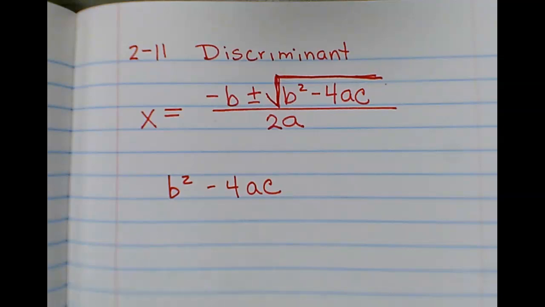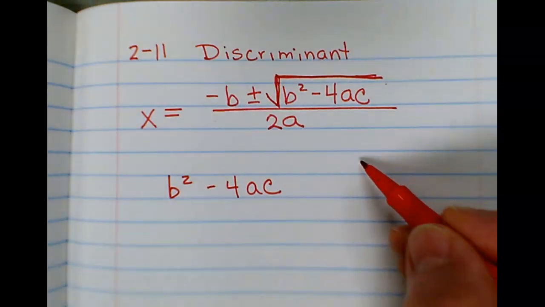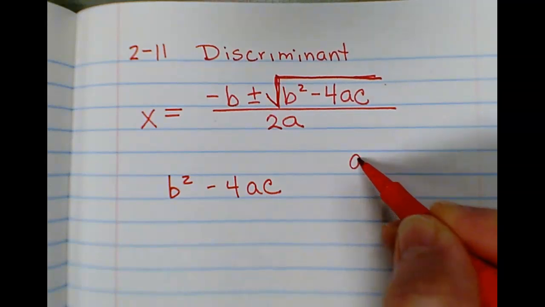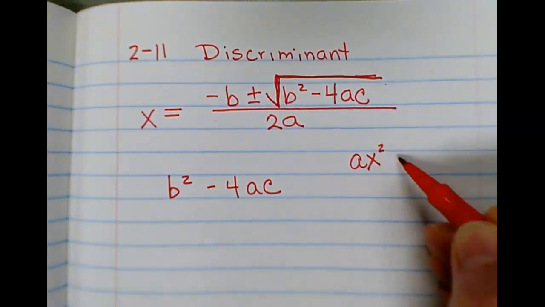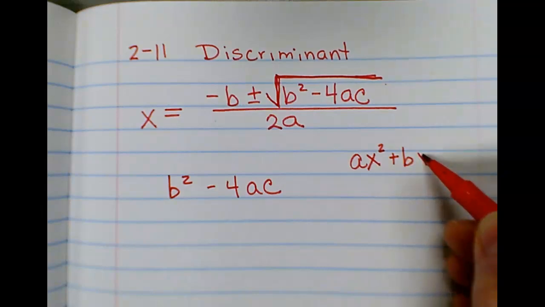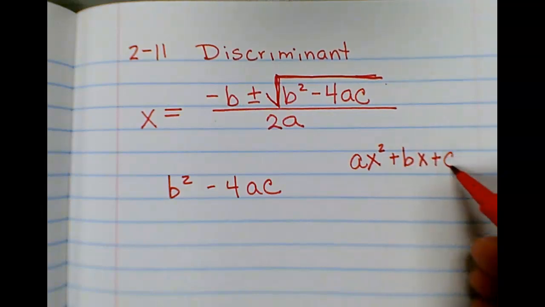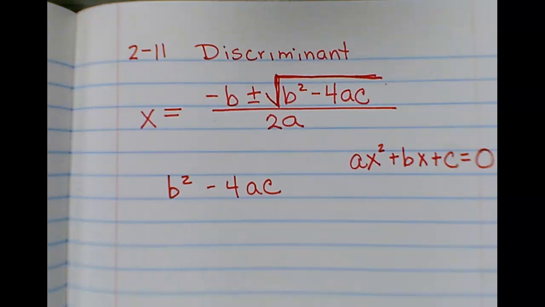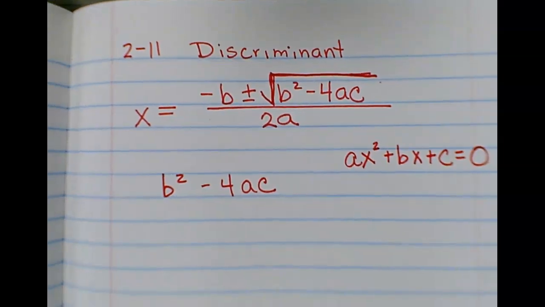And what are these A's and B's and C's that it's talking about? Well, they're the A's, B's and C's that we have been doing for several weeks now to use the quadratic formula to find the discriminant.